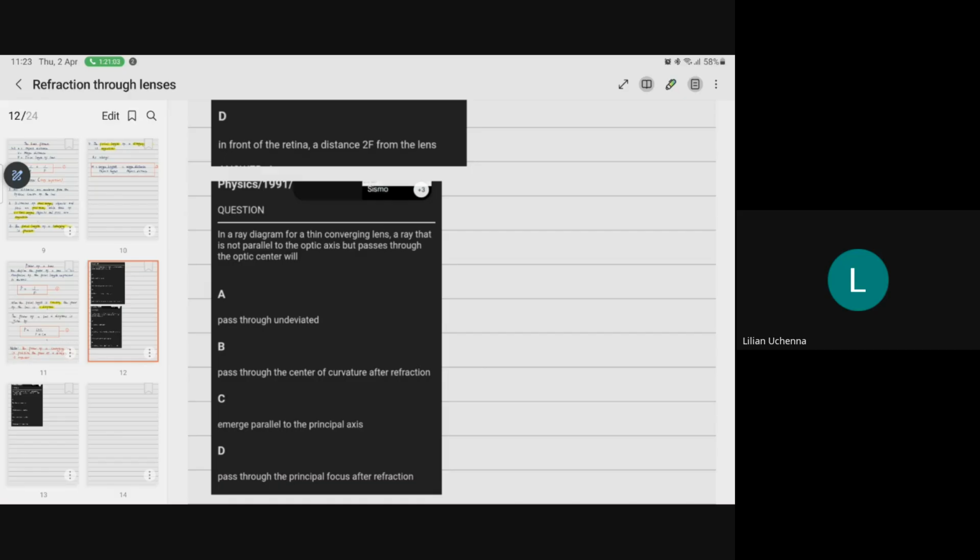A ray diagram for thin convergent lens. The ray that is not parallel, remember, is not parallel, but it passes through the optical center. What will happen to it? Anyone? Should I start calling names? Titilola, what do you have to say about that?